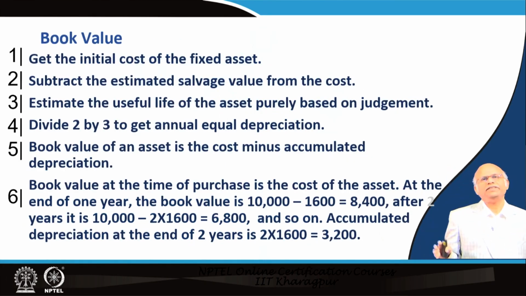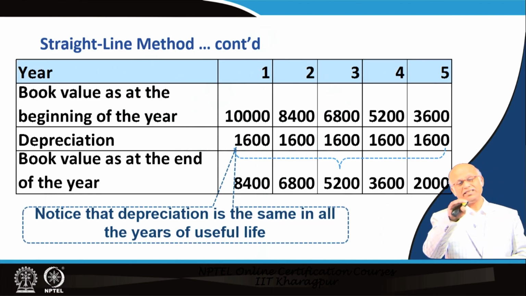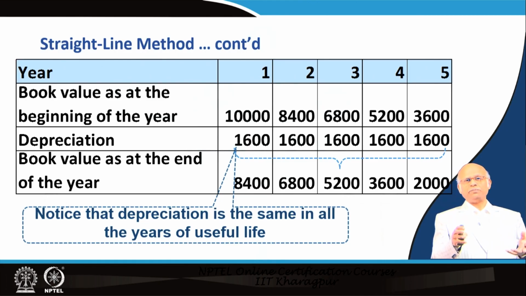Now, we have already discussed book value, and book value in any particular year will be the original value minus accumulated depreciation over that period. Suppose you are considering book value after 3 years. So, original value minus 3 years of total depreciation. Total depreciation in 3 years is 4,800.